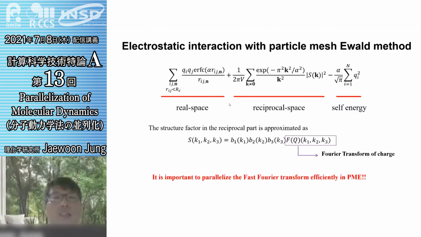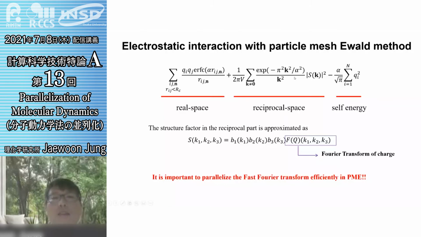So electrostatic interaction can be decomposed into 3 parts using the Ewald scheme. The first one is real space, the second one is reciprocal space, and there's an additional self-energy. This one is just a constant, so you can neglect the computational cost of this term. And for the real space, you can introduce the threshold or cutoff values, and we can apply the parallelization explained in previous slides.